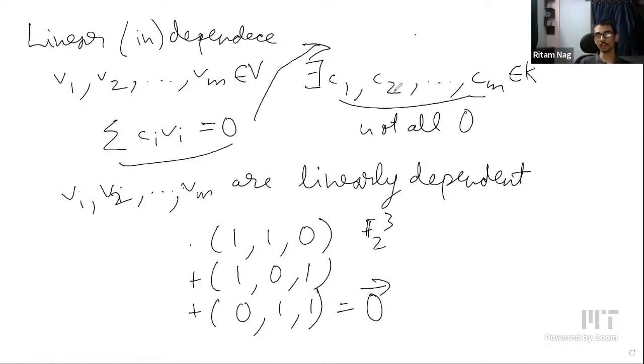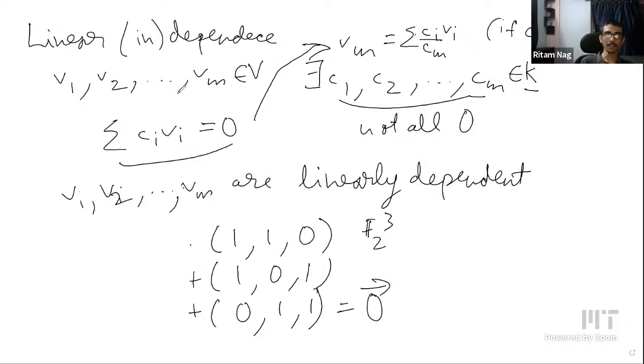There's another way to phrase linear dependence over vector spaces. This is kind of why you want the thing you are working over to be a field and not a ring. You actually need division to restate. So you can rewrite this equation as Vm equals sigma Ci by Cm Vi, assuming Cm is not 0.